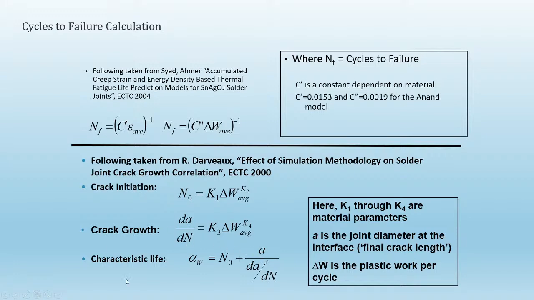So you can see this is much more extensive, rather than a single value here, you have four coefficients that allow you to calculate what the characteristic life is for the solder that Darveaux worked on. Obviously, the limitation is that he did this work on leaded solder, and almost none of us use that these days.